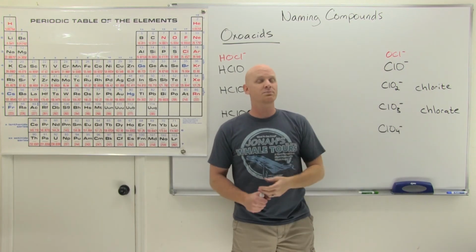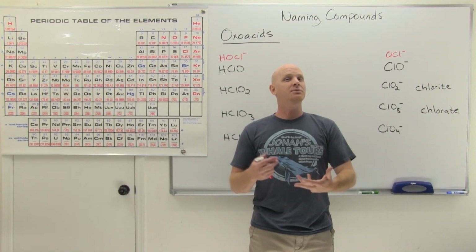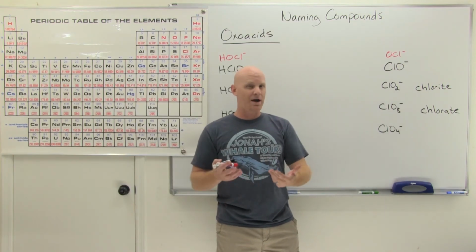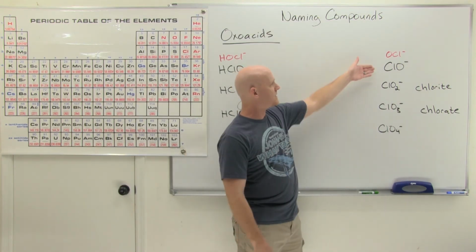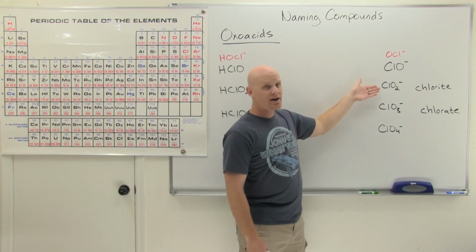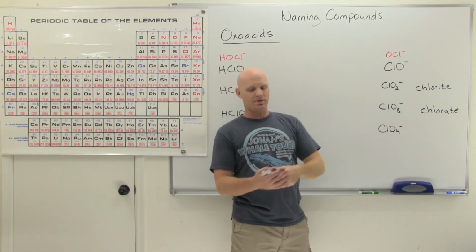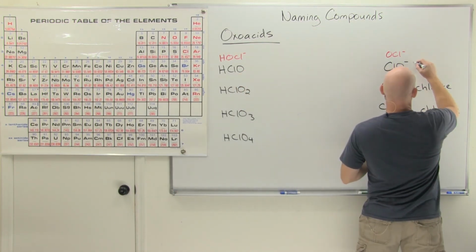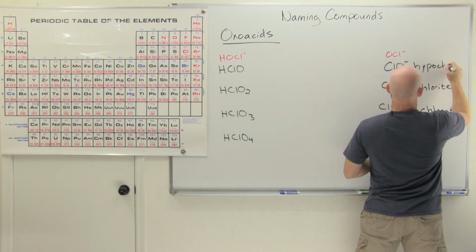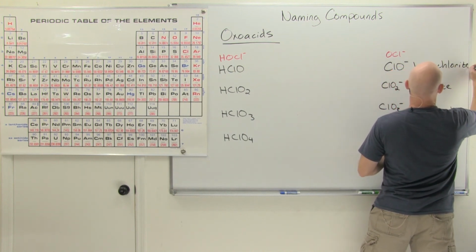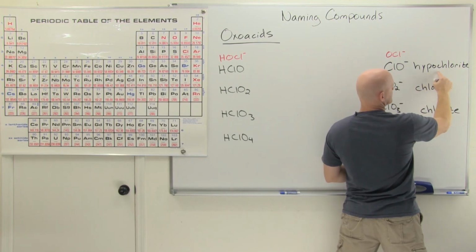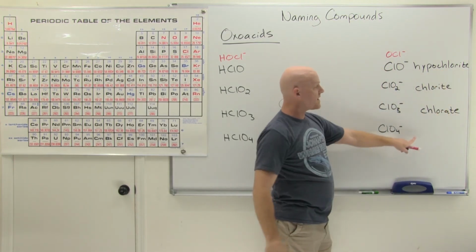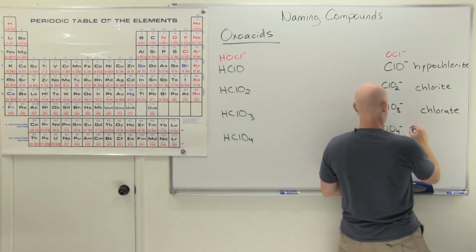Well, that's when they use the prefix hypo, like when you're hypoglycemic, that means you have low blood sugar. Hypo means low or below. So I say hypochlorite. Let's get those on the board here. Fewer oxygens than chlorite, hypochlorite. And again, more oxygens than chlorate, we should say hyperchlorate.